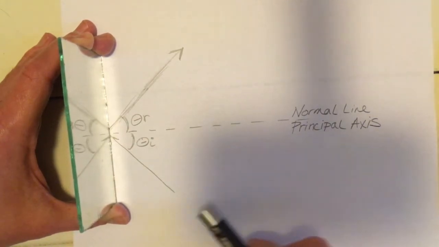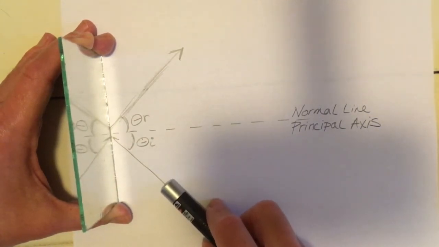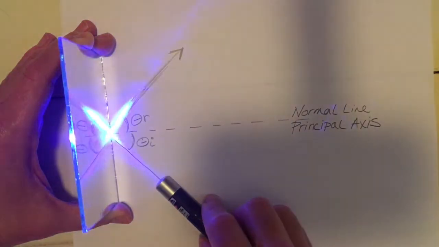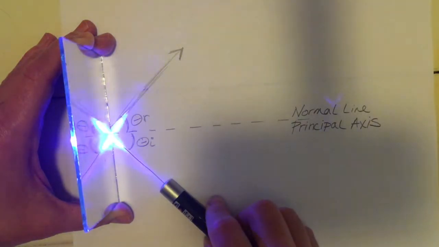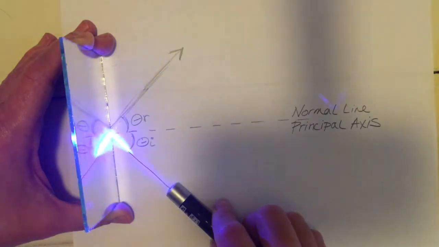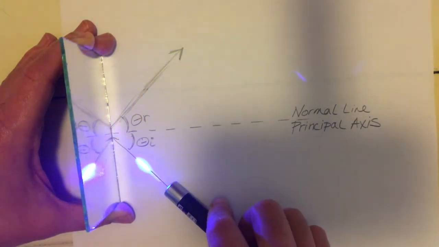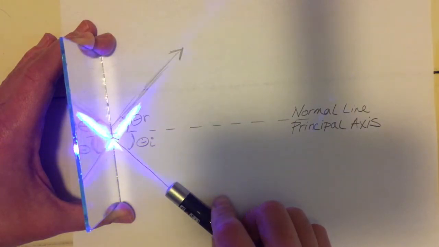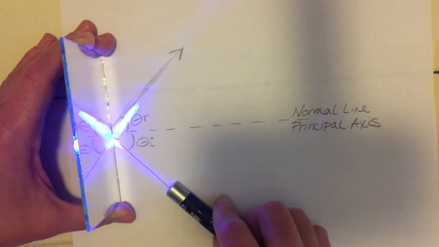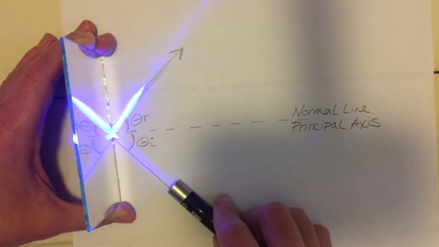So when I shine the laser pointer, we can see if I drew my lines right. Oh, it's decent. That theta I is equal to theta reflected. Check it out. Very cool.